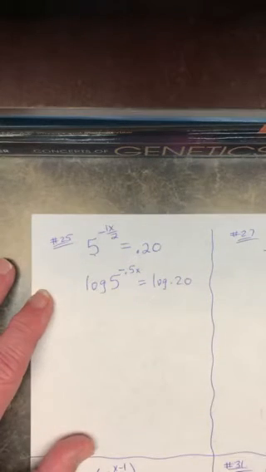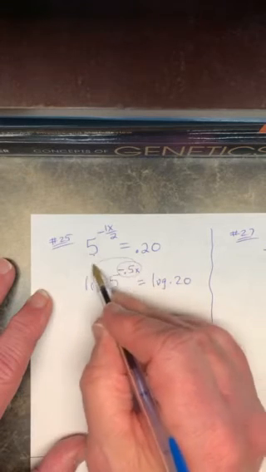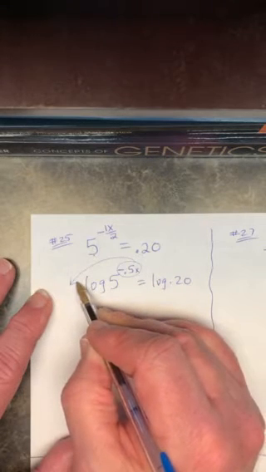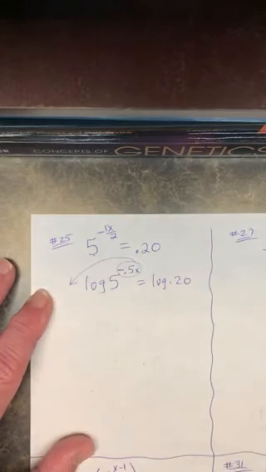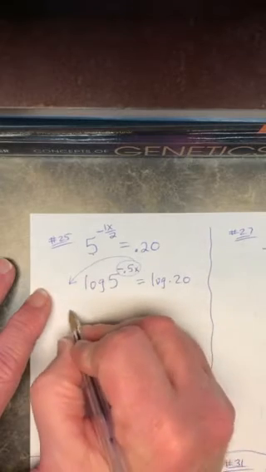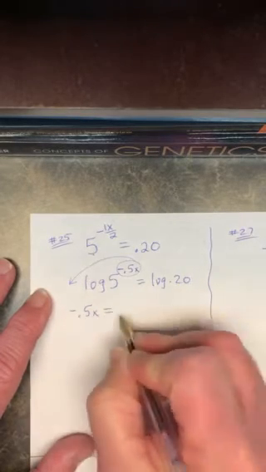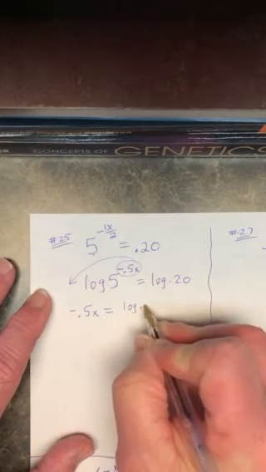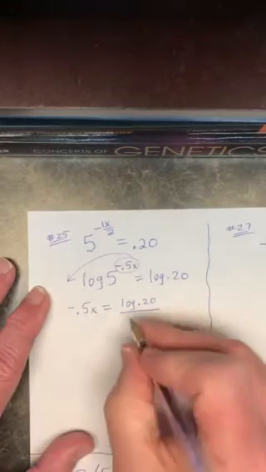So I logged both sides. I'm taking that exponent and moving it out in front. Agreed? And then we would divide by the log of 5. So I'm going to save again a step here on our paper. If the exponent gets moved to the front, I've got negative 0.5x equals, now on that side we had the log of 0.20, but it would be being divided by the log of 5.